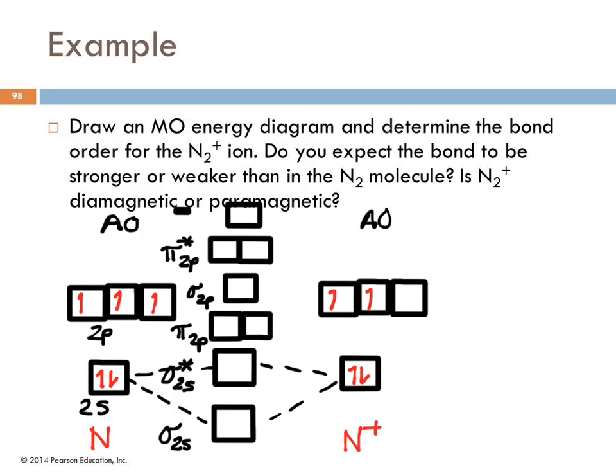And then up here will be the sigma star 2p. Yeah, try to draw sigma with a box tool. It doesn't work at all. They're not spaced out as they should be.